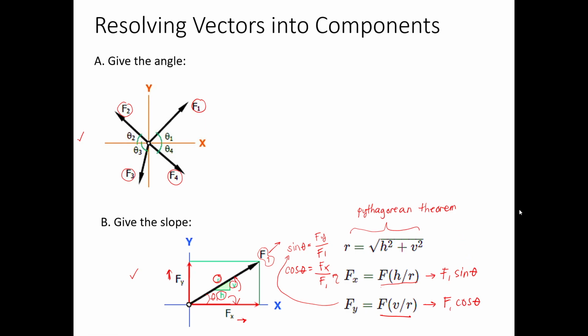Alright. So again, if we try to draw our different components, for this one here, the horizontal component is in this direction. Then the vertical component is in this direction. So for force number 2, since the force is in the second quadrant, obviously this one is going up, but going to the left.